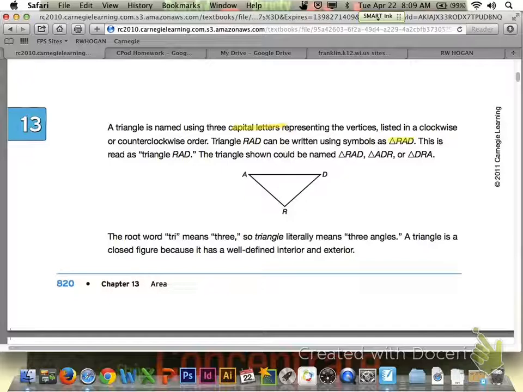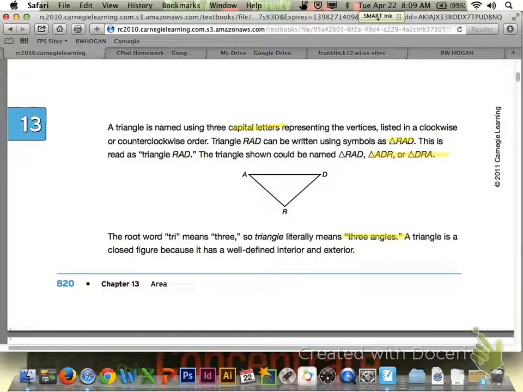This is read as triangle RAD, pretty rad for that triangle. The triangle shown could also be named ADR or DRA. Again, it just has to go in a clockwise or counterclockwise order. The root word tri means 3, so triangle literally means 3 angles. A triangle is a closed figure because it has a well-defined interior and exterior.